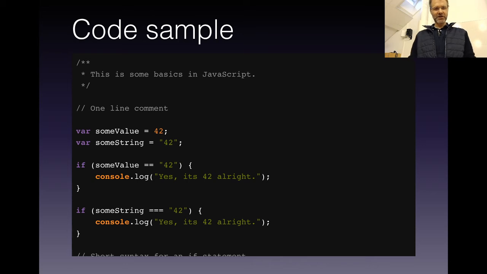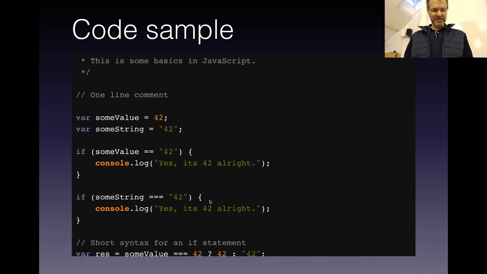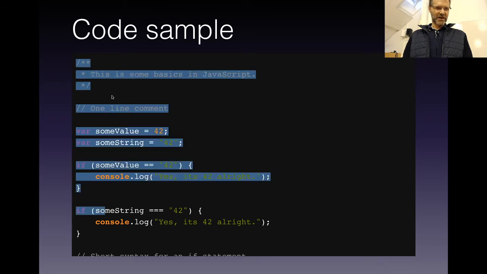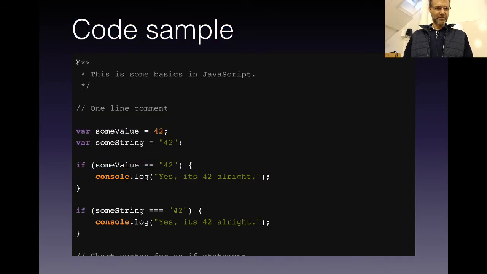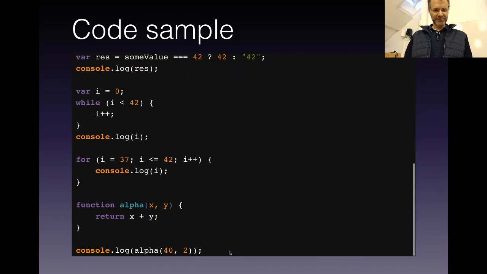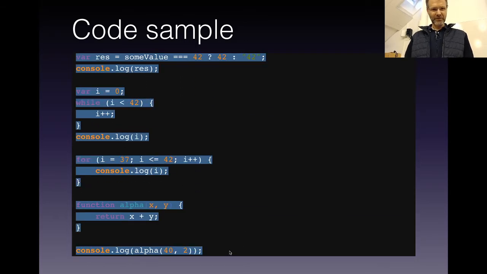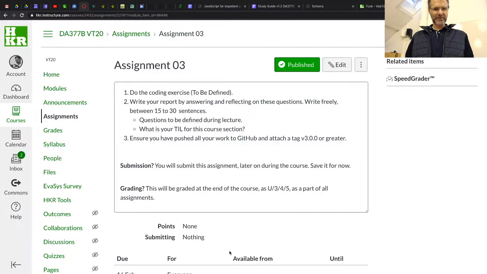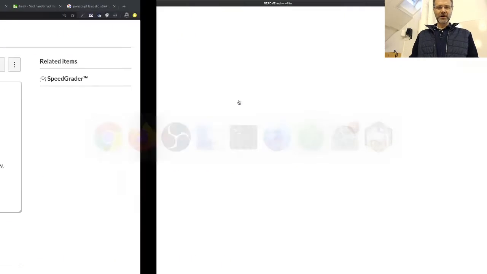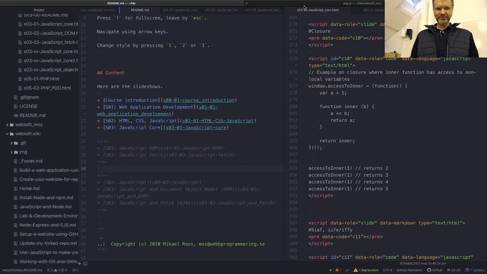Okay, so let's have a code sample. Do you think we could review it here, or I could try to get it up in my browser? Let's see if we can run it in the browser just to get it going.